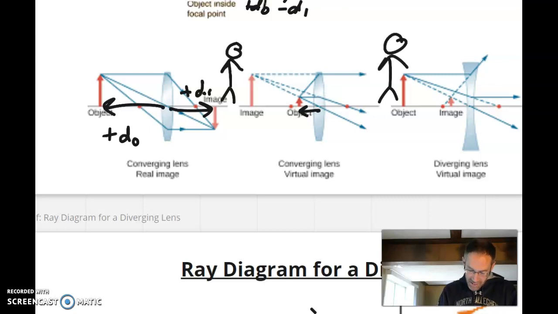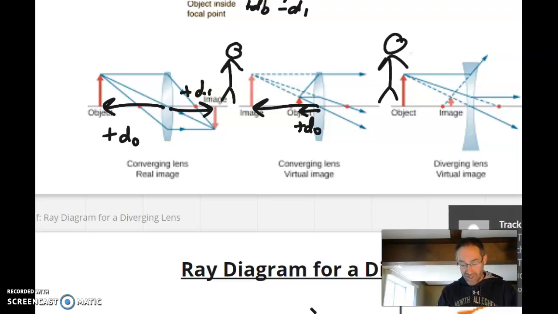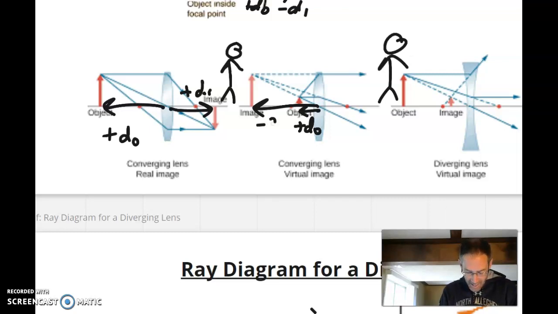And so this is going to be a positive DO, but now the image is on the same side, and it's not the observer's side. And so that's going to make that a negative DI.